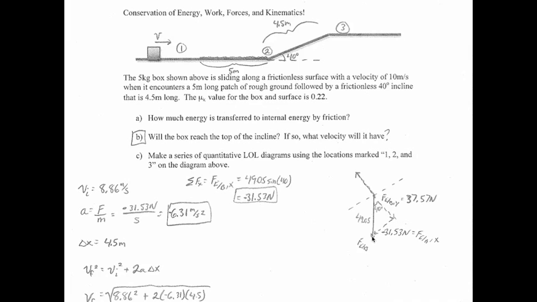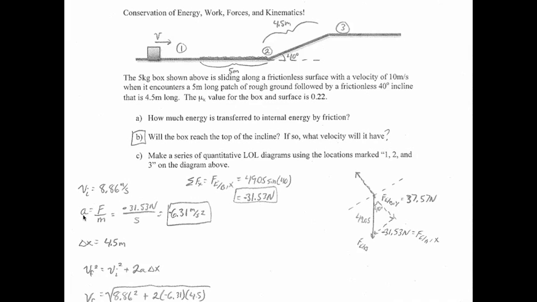On the x-axis, we do 49.05 times the sine of 40 degrees, which is negative 31.53 newtons. So this x component of the force of gravity is going to result in an acceleration of the block in the negative direction as it travels up the incline.